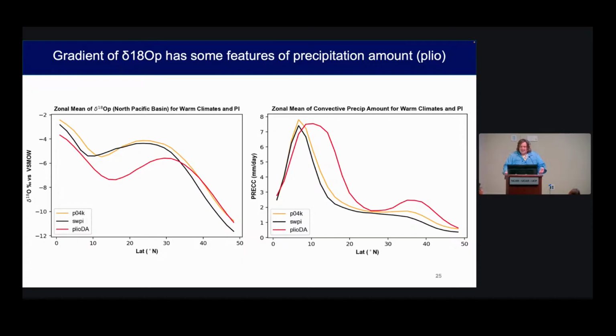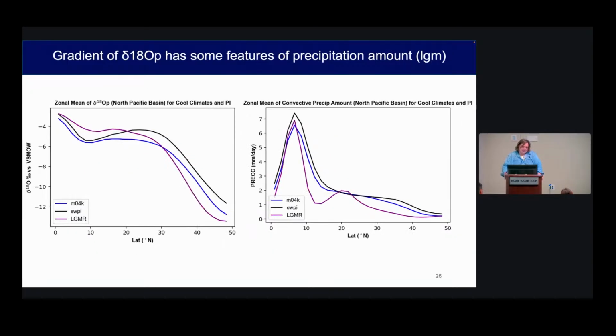They're not lined up exactly, and the Plio-DA has this weird spike around 40 degrees in its precipitation amount that doesn't show up in the isotope record. But it does seem like there's maybe an amount effect captured in isotopes for the Pliocene-like simulations.